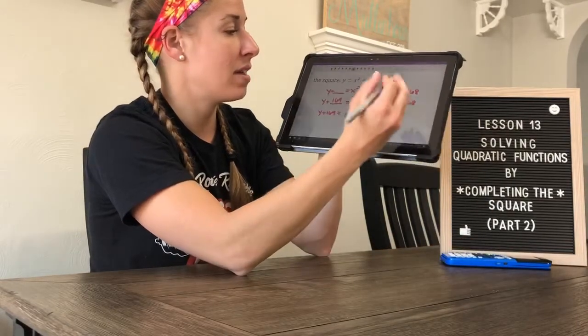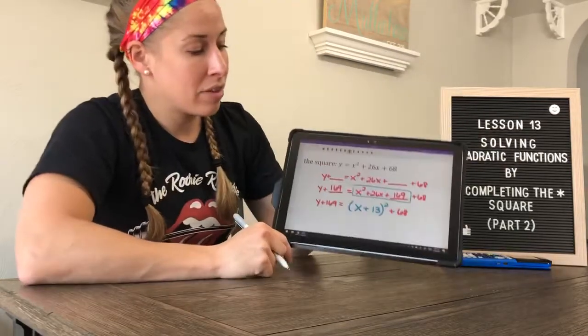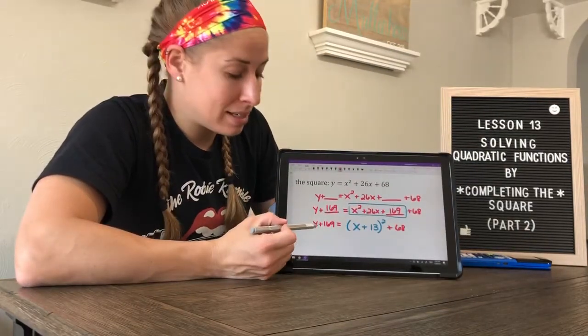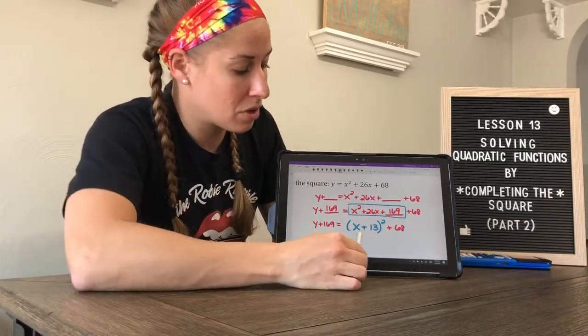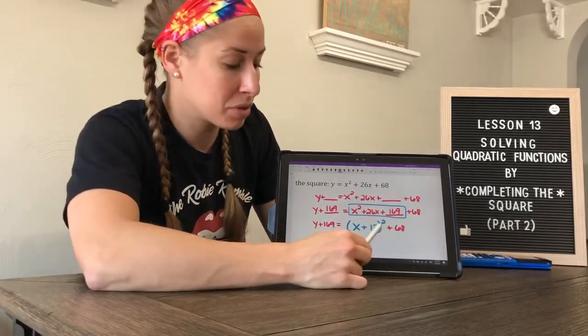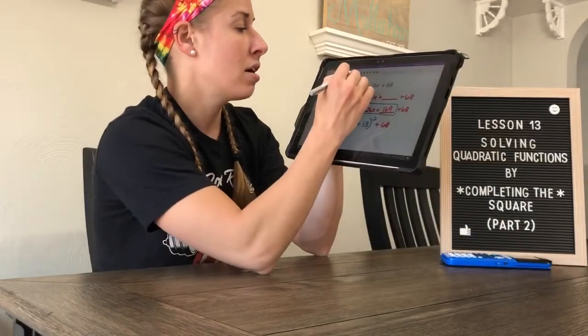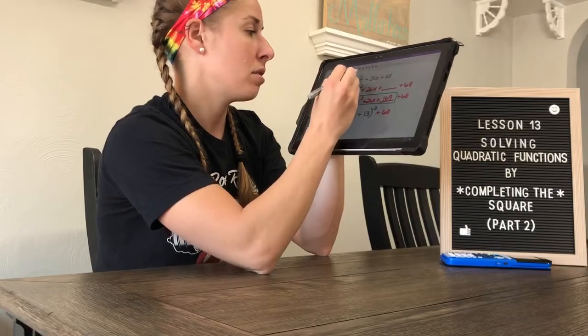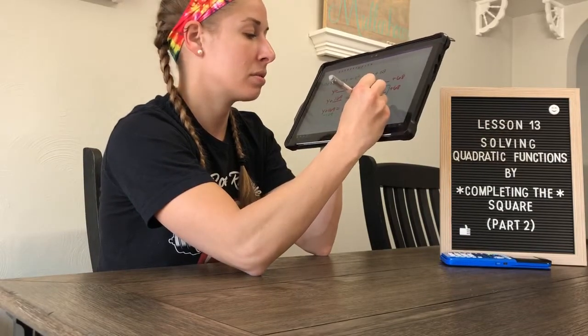And then we still have that plus 68 on the end. Now the only thing that we need to do to get y by itself is subtract 169 from both sides. So this binomial squared part is going to stay as it is, and we're just subtracting the 169 from the 68. So minus 169, minus 169.